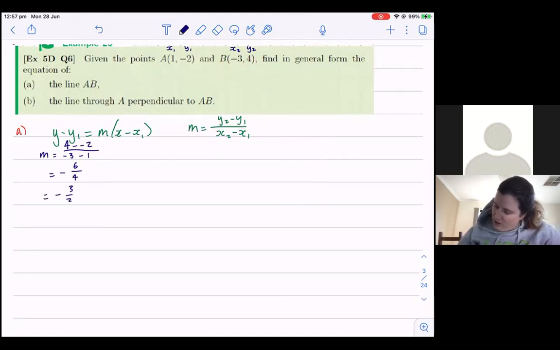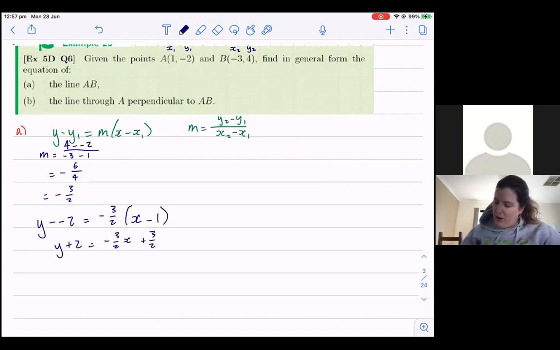So the actual equation itself, y minus y1 for me was -2. It doesn't matter if I chose to do y2 and x2 for this one, by the way, equals -3 on 2 outside of x minus x1 was 1. So y plus 2 is -3 on 2x plus 3 on 2. I want to get rid of that 2. I subtract it. So I've got -3 on 2x, take 1/2.